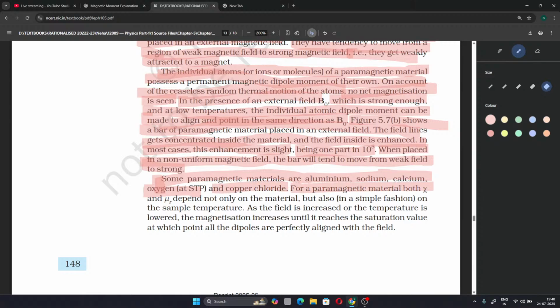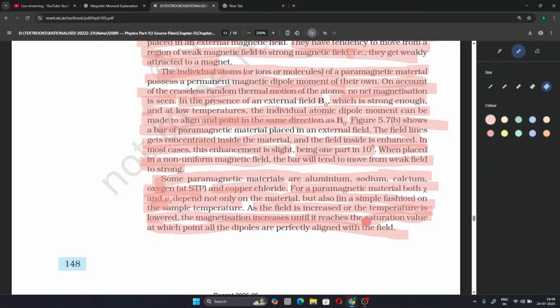For a paramagnetic material, both chi and mu r depend not only on the material but also, in a simple fashion, on the sample temperature. As the field is increased or the temperature is lowered, the magnetization increases until it reaches a saturation value, at which point all the dipoles are perfectly aligned with the field.